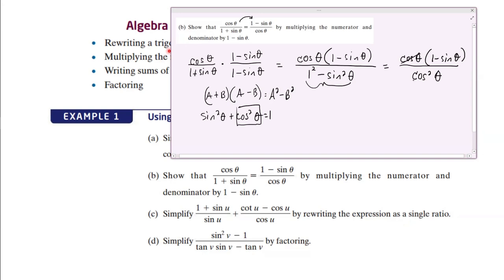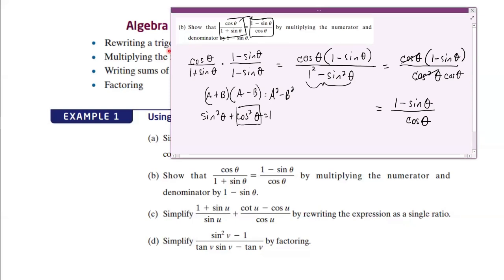So I'm going to reduce this to just a cosine theta. Okay, and so we've ended up with 1 minus sine theta over cosine theta. And we've shown that there's an identity relation between what we started with and what we were able to move it into using the identities.